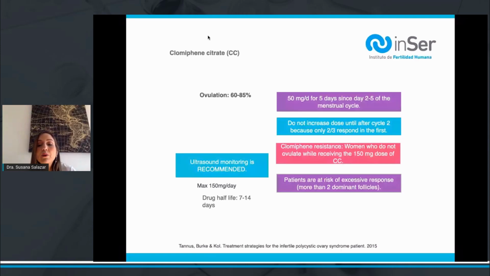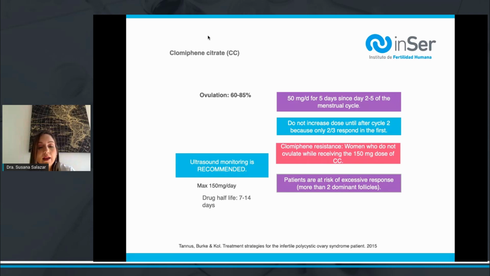Clomiphene resistant are women who do not ovulate while receiving the 150 milligram dose of clomiphene, and patients are at risk of excessive ovarian response. That means more than 2 dominant follicles. For that reason, ultrasound monitoring is recommended, and the maximum dose is 150 milligrams a day.